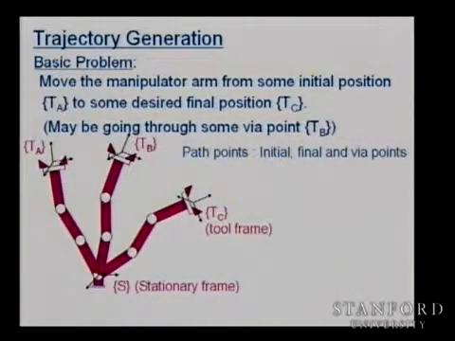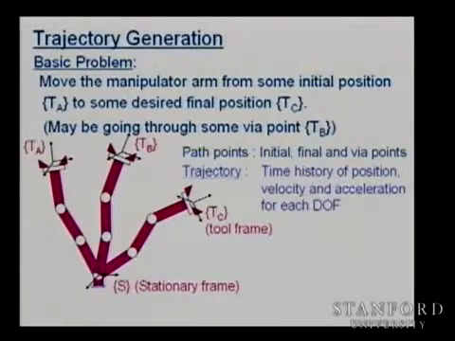And some terminology: we have path points, the initial point, the final point, and the via points that we'll be going through. And then what we want to plan is the trajectory. The trajectory in the simplest case is a time history of the position, velocity, and acceleration for each of the degrees of freedom.